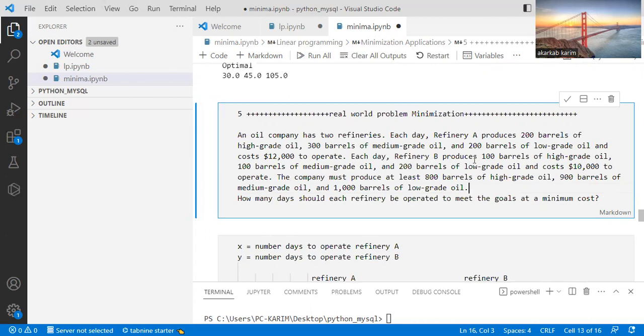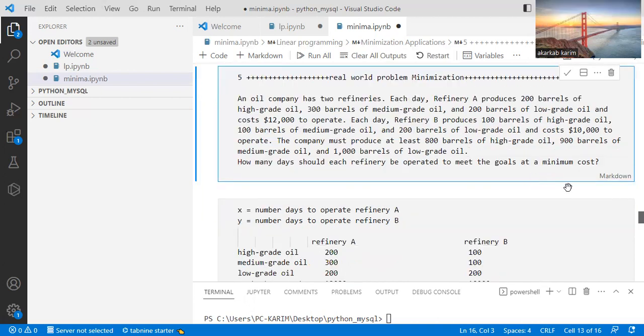Refinery B each day produces 100 barrels of high grade oil, 100 barrels of medium grade oil, and 200 barrels of low grade oil, and costs $10,000 to operate. The company must produce at least 800 barrels of high grade oil, 900 barrels of medium grade oil, and 1,000 barrels of low grade oil. How many days should each refinery be operated to meet the goals at minimum cost?